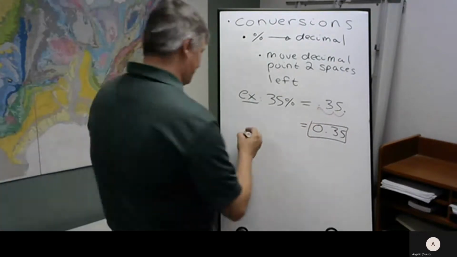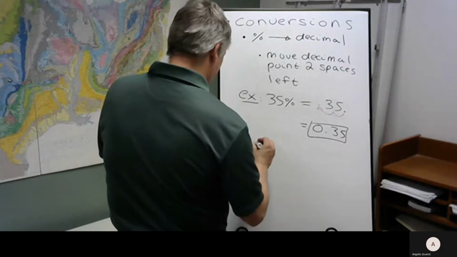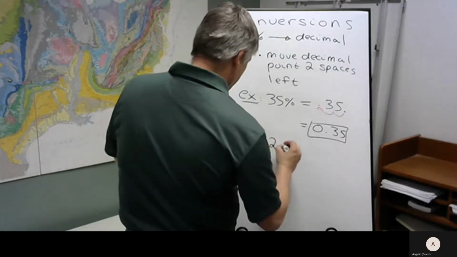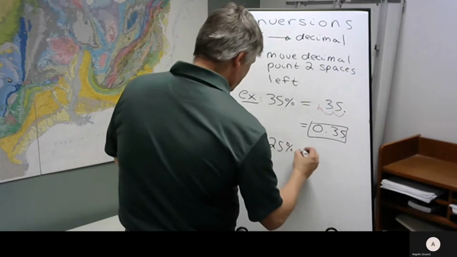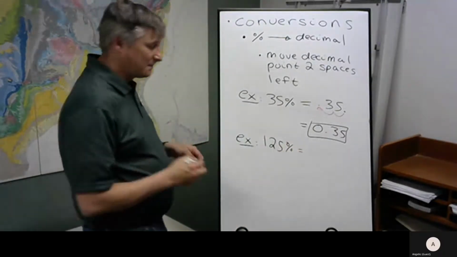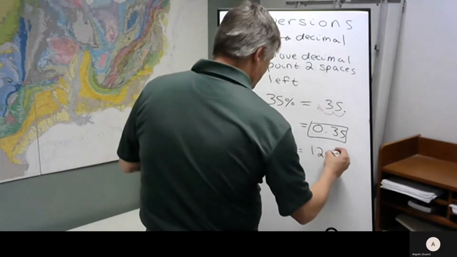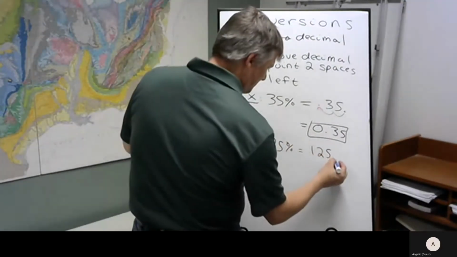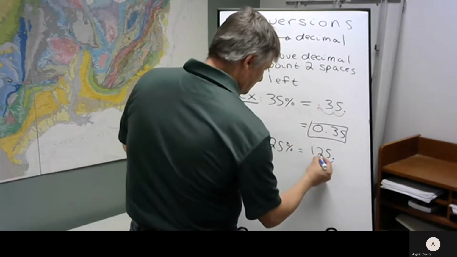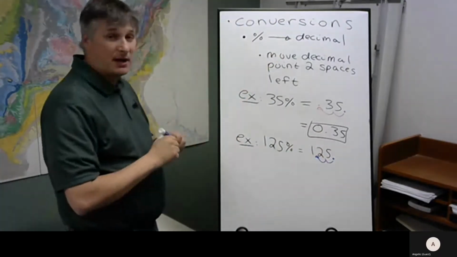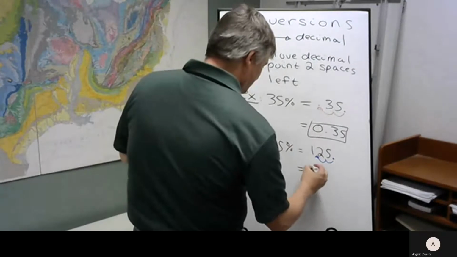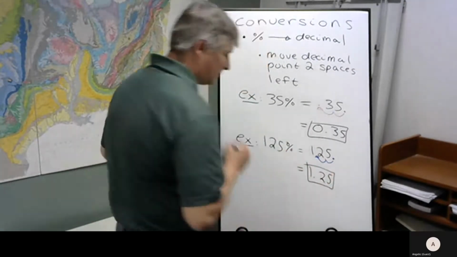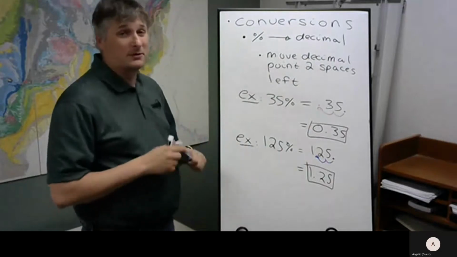Let's say we have 125%. Well, same idea. Move that decimal 2 spots to the left. We'll get 1 and 25 hundredths, so 1.25.